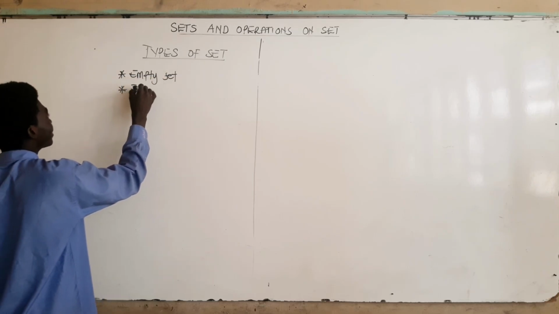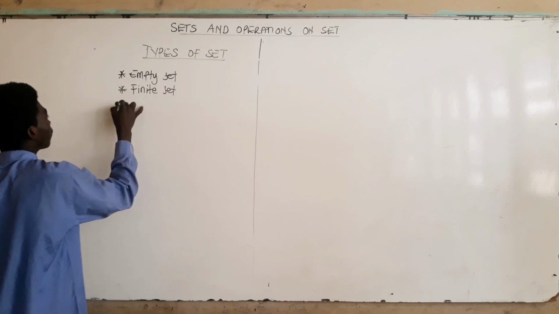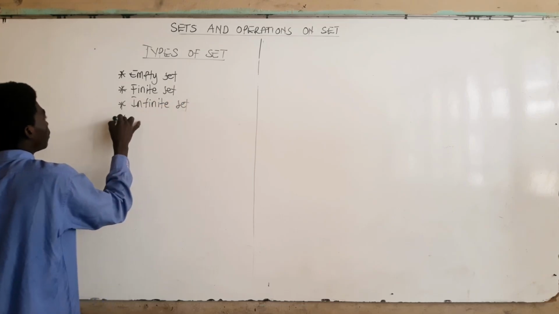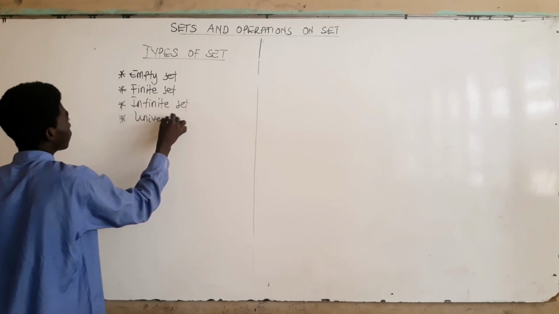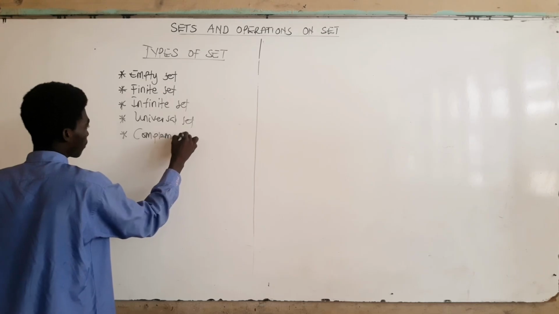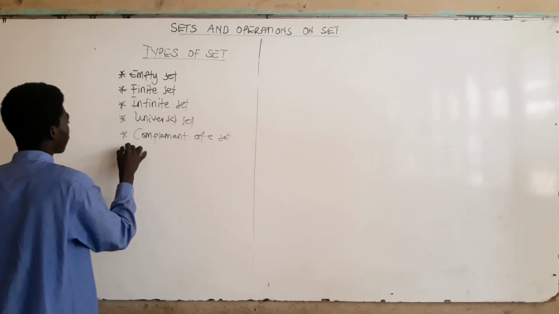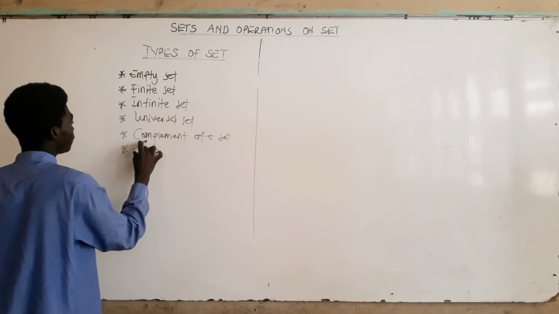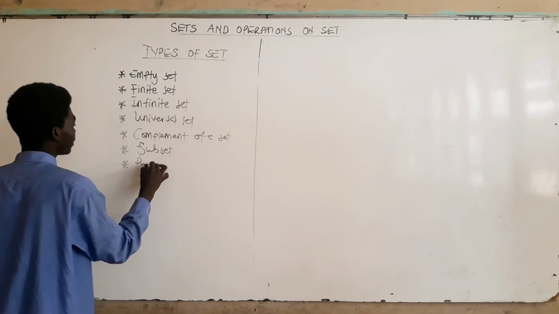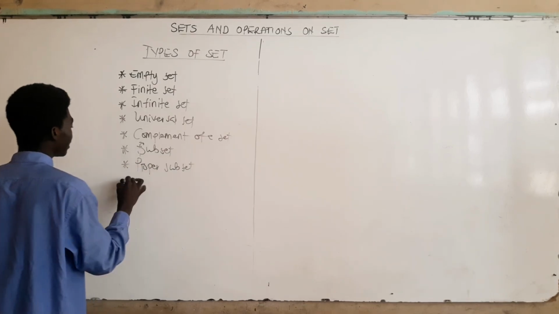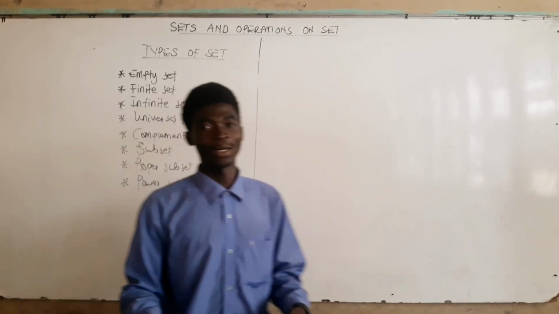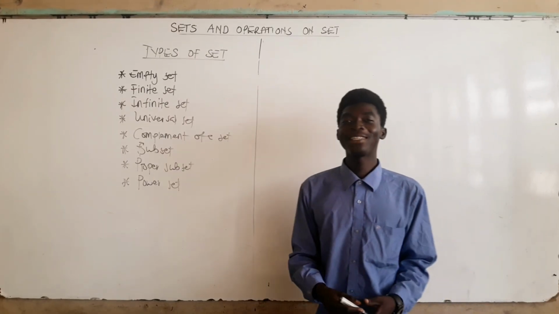We have a finite set, the infinite set, the universal set, the complement of a set, the subset, the proper subset, and lastly, the power set. These are the 8 I'm going to talk about. So let's begin with the empty set.